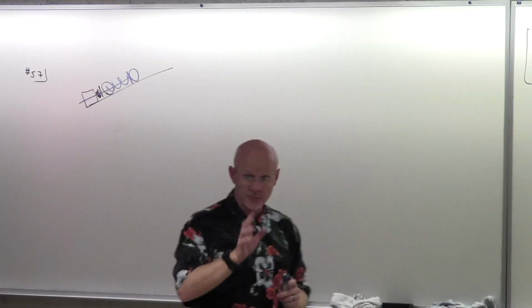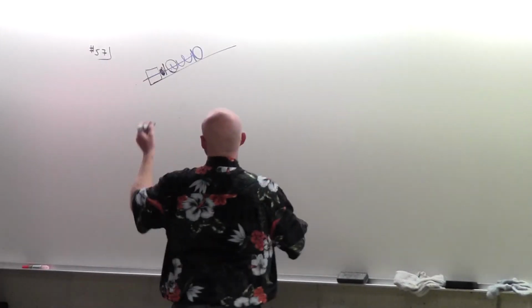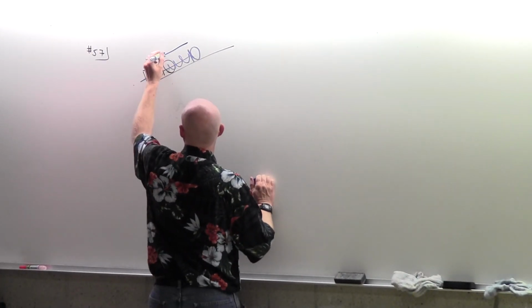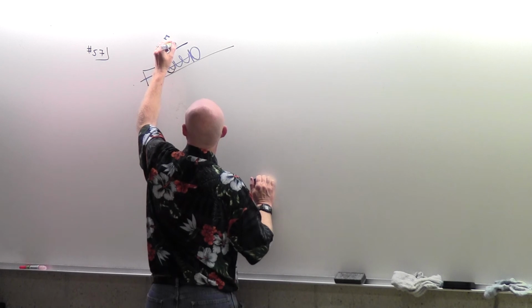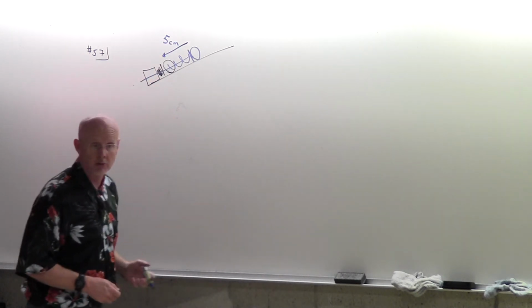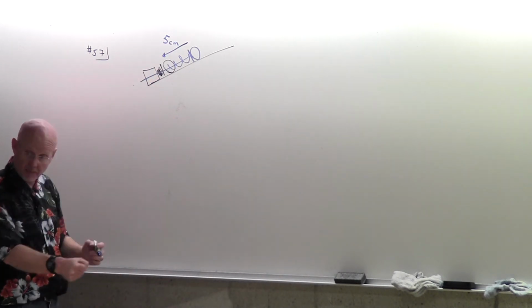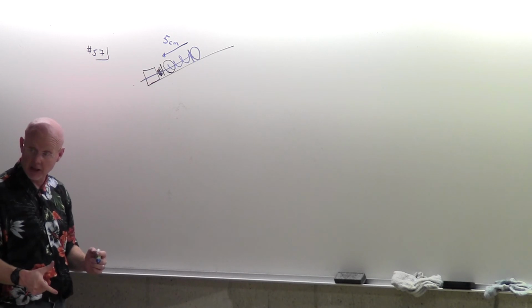And if I understand this problem correctly, this distance that we pulled it back is the 5 centimeters. So I grab the handle, I pull it back 5 centimeters, and I let it go.